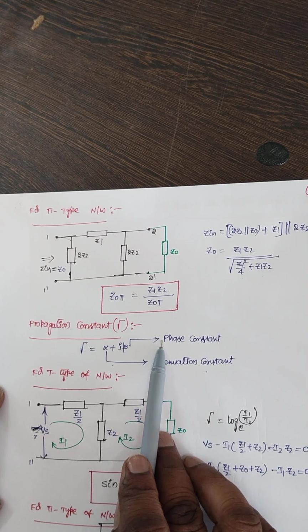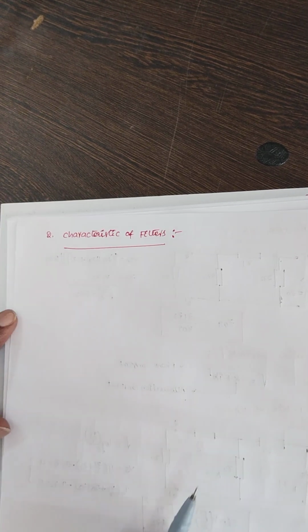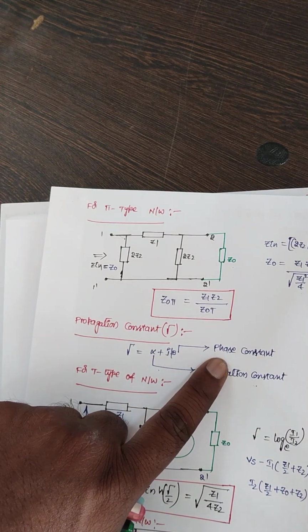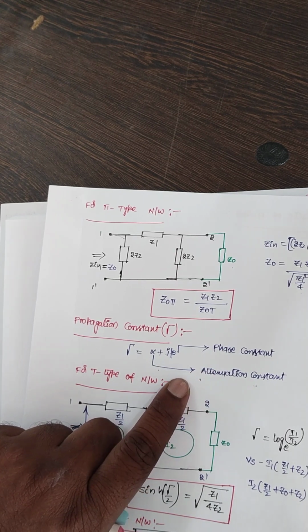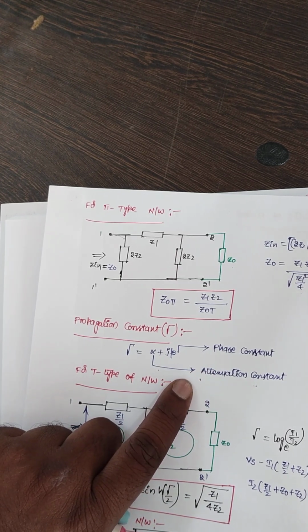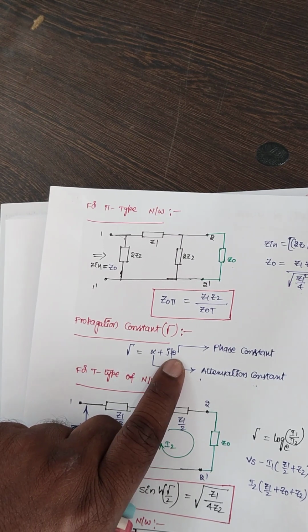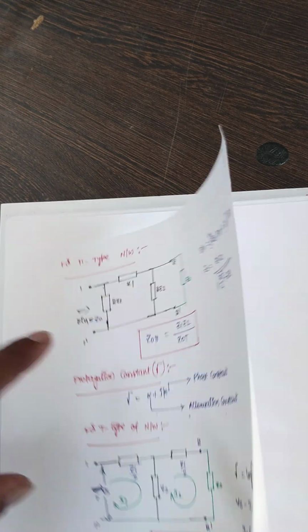I am going to find the expressions for alpha and beta because they are important while the wave is propagating through space or through the transmission line. That means how the signal strength is changing, and how the phase of a signal changes from transmitter to receiver.